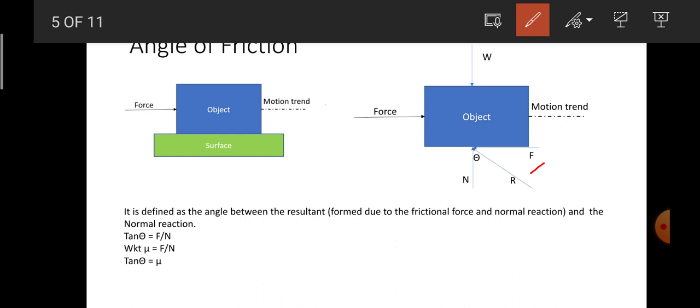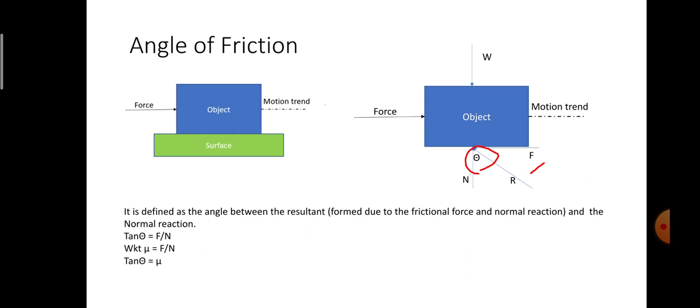You can also notice that there is an angle created over here. The angle of friction is therefore defined as the angle between the resultant and the normal reaction.